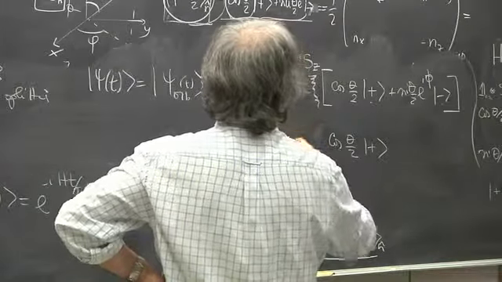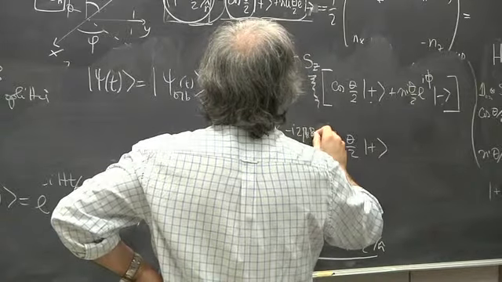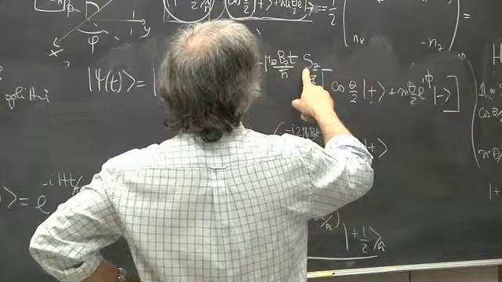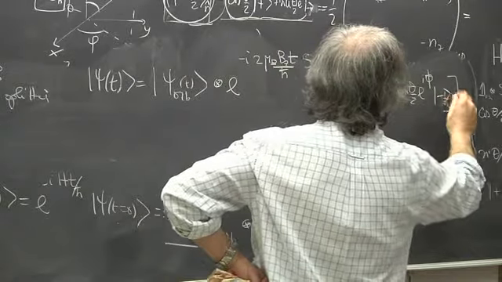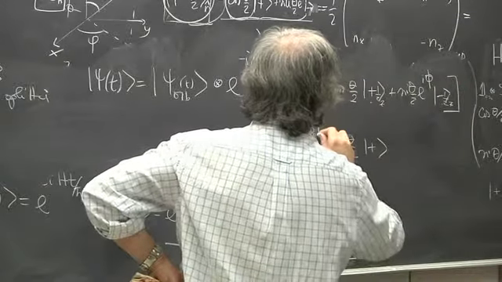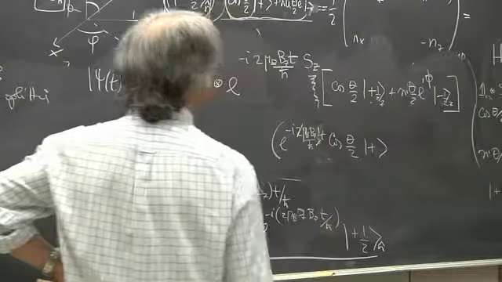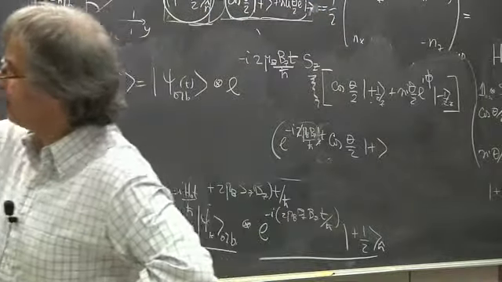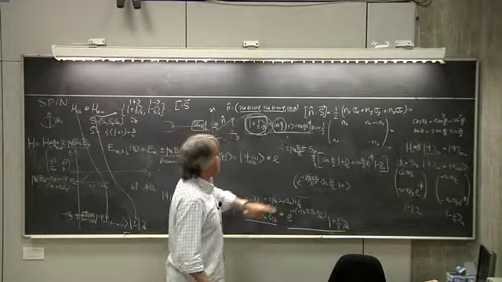The phase is e to the minus i 2 mu b B t over h bar, and this will be 1 over 2, because this is the state with plus 1/2. Let's put it explicitly. So the 2 and the 2 go, and you see that you have essentially this energy, mu b B, times t divided by h bar in front of this.